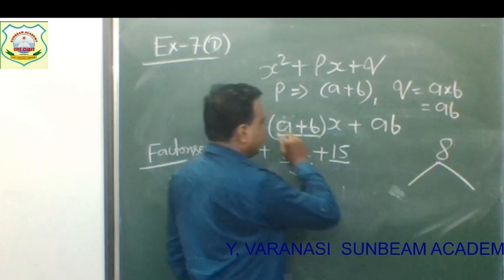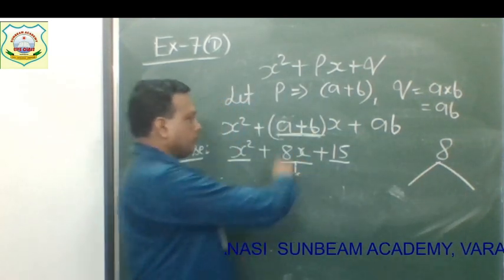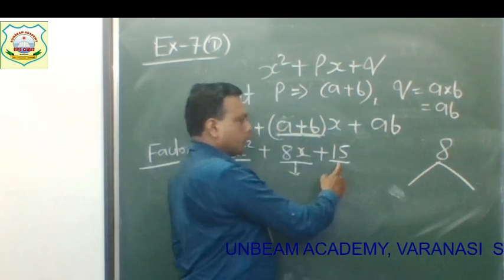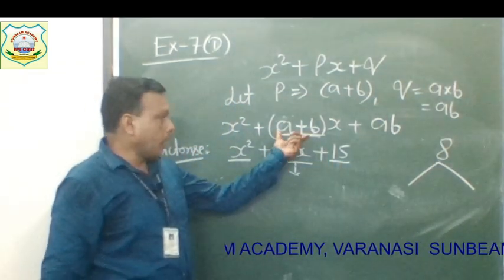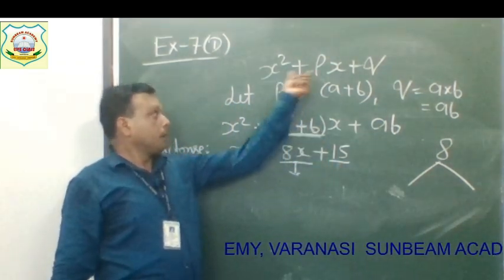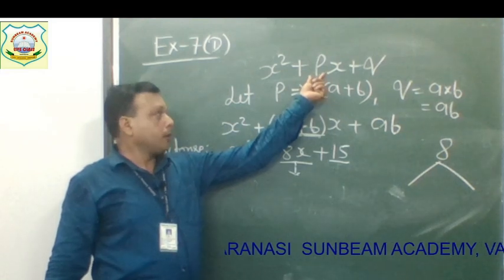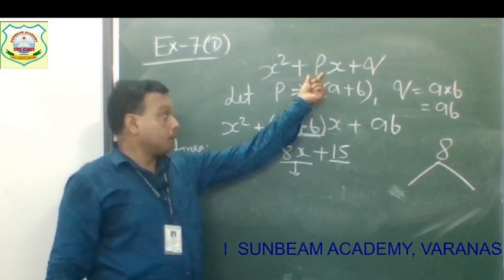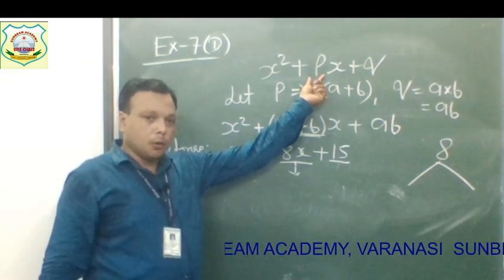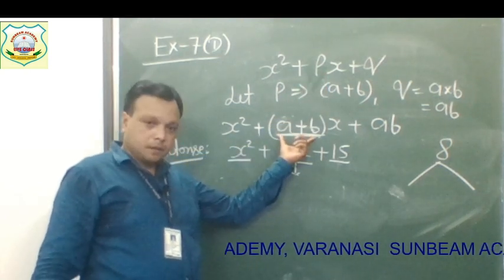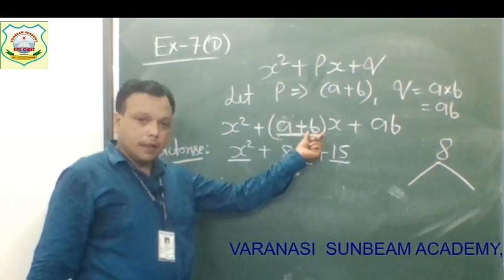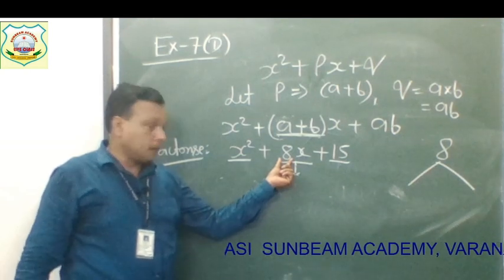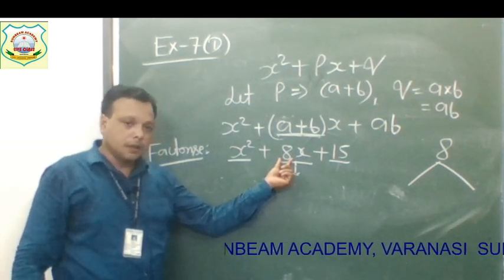With a plus b we should get 8, and when we multiply them, what should we get? 15. Why have we written a plus b in place of p? Because the p value is broken into 2 integers, and a and b are variables here. So, 8 will break into 2 parts, 2 integers.